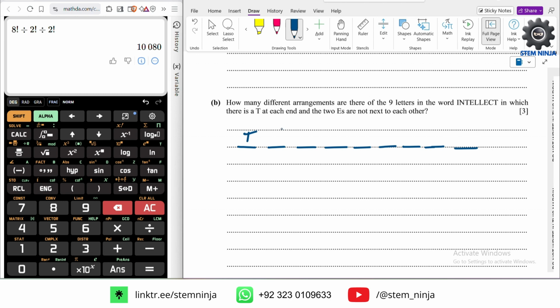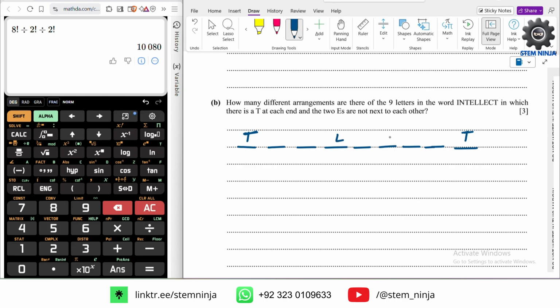Now, this T or this T, they are going to be identical to each other. So it doesn't matter which of these T are at the end, because they're identical. And we need different arrangements. 2 E's are not next to each other, but we still have 2 L's, remember?